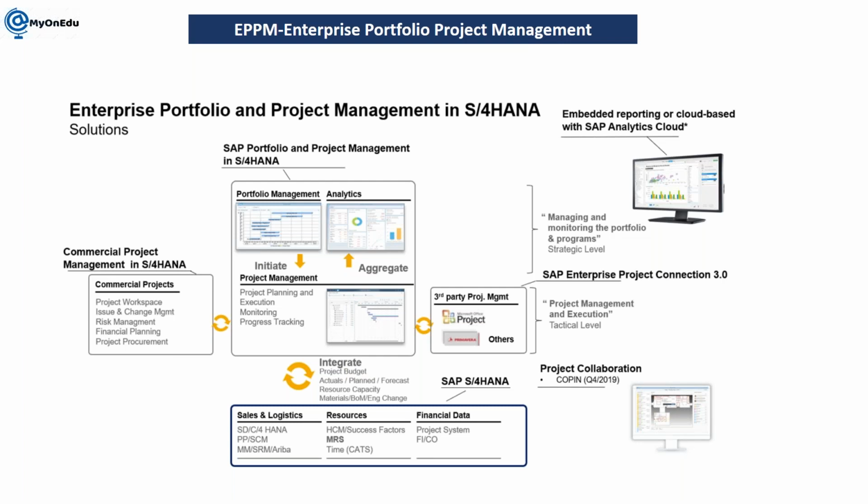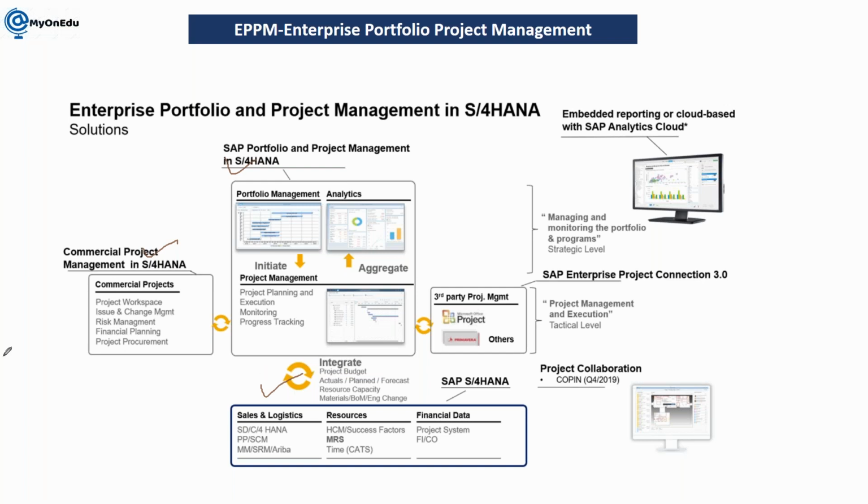That was the provision. But after 1709, these modules are a part of the core system. So whenever SAP S/4HANA is installed, automatically PPM, CPM, and Project System will be available by default.